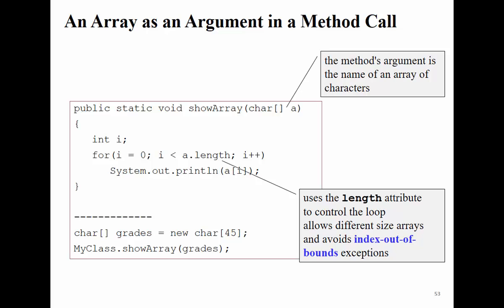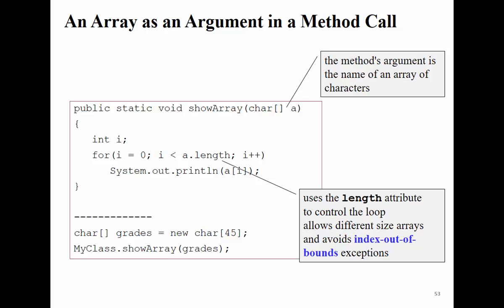If you send an array as an argument to a method, as you can see, I have a method here, public static void showArray, and I need to send an array of characters, so I define char with square brackets a. In this method, I receive an array as an argument.